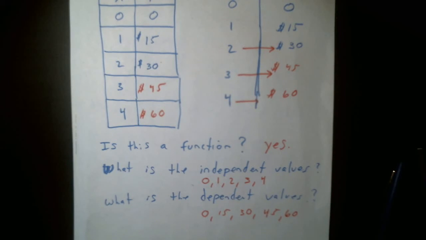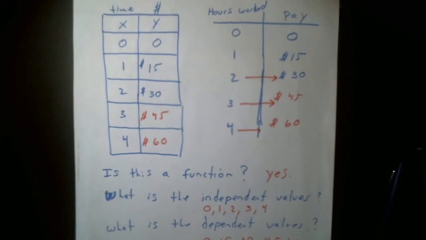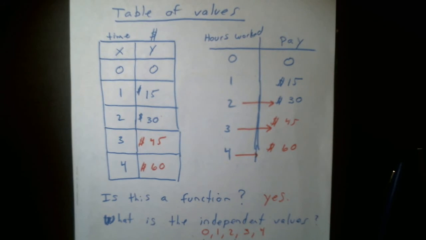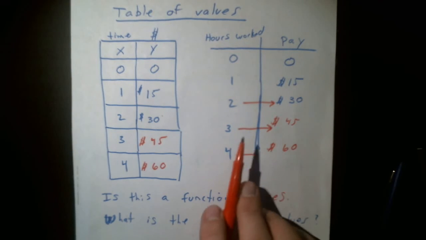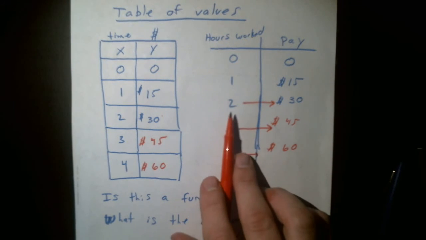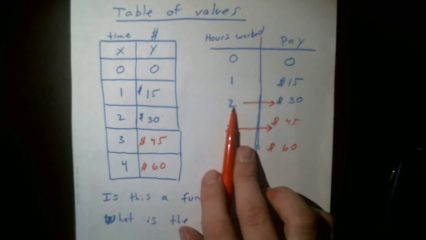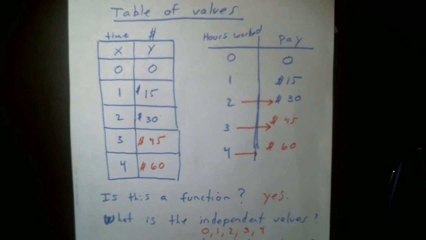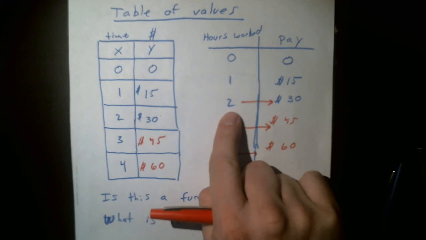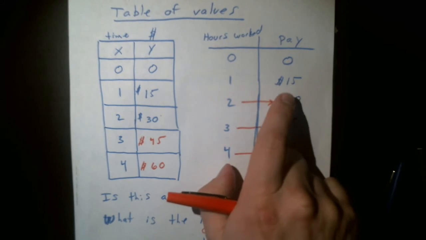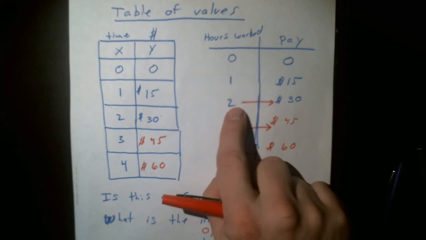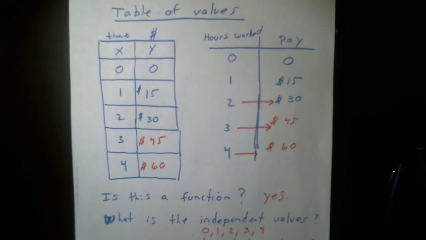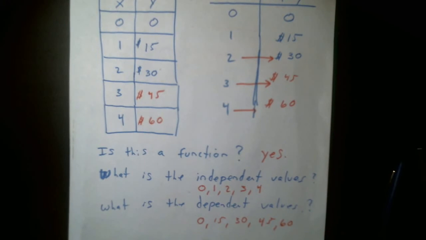So you kind of see what the whole deal is with this: this is a function because for every input you get an output, but you don't get two different outputs for the same input. You have to be really careful. At 2 hours, I do not get 15 and 30, I only get $30 for that 2 hours. So I'm hoping that worked out.